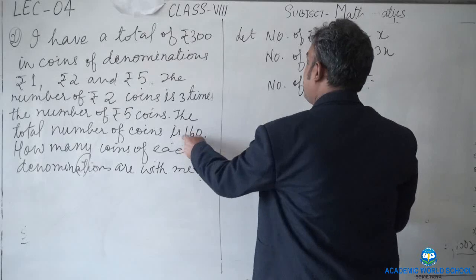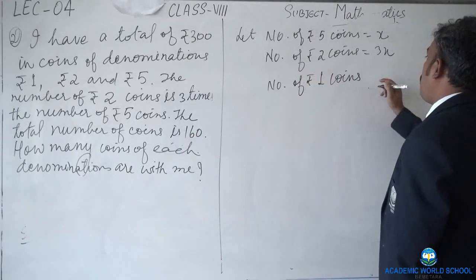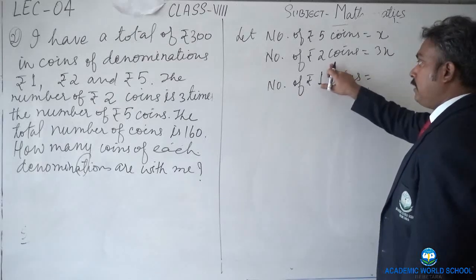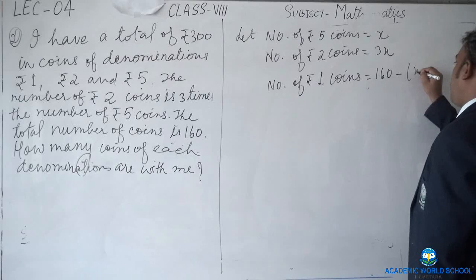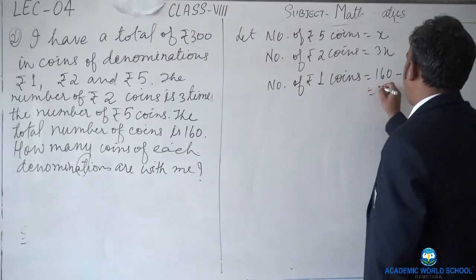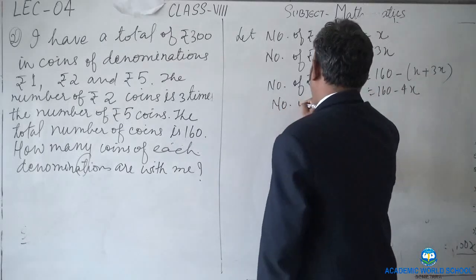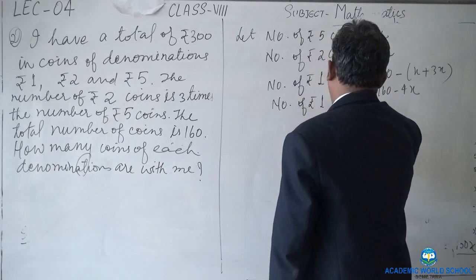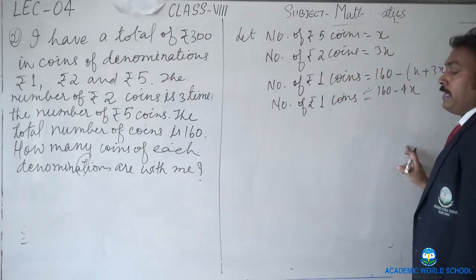Out of 160, x coins are 5 rupees, 3x coins are 2 rupees coins. So the number of 1 rupee coins will be 160 minus x plus 3x, which will be 160 minus 4x.